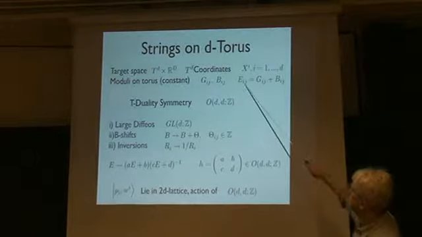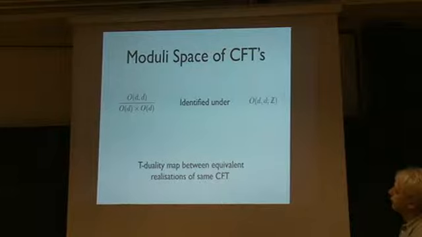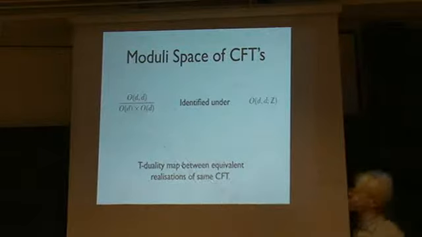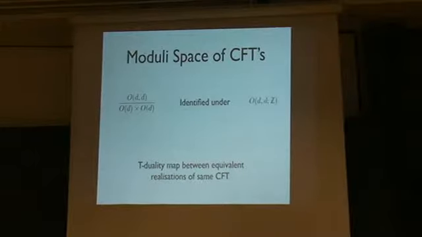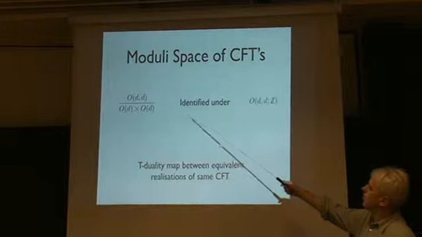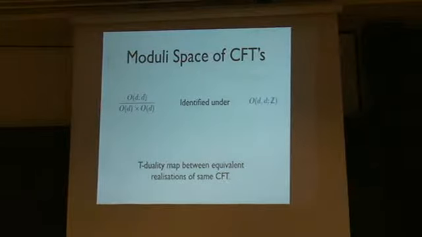These fit into a D by D matrix, and this is a D squared dimensional coset space, and G and B can be thought of as parameterizing this coset space, and this moduli space must then be identified under the action of this discrete group.